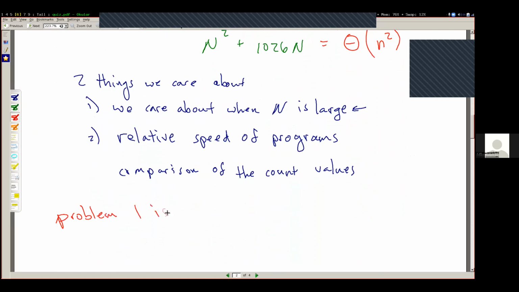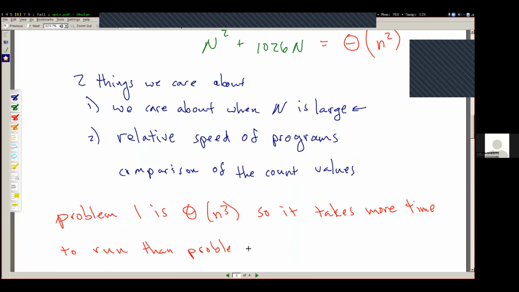Problem 1 is theta n cubed, so it takes more time to run than problem 2, which is theta n squared.